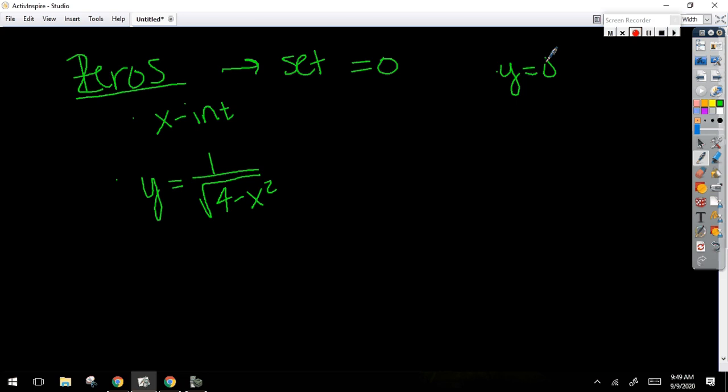So if that y is 0, it's 0 equals 1 over something. It's not going to work. 1's never going to be 0. So the fraction's never going to equal 0 no matter what I plug in, right? I can make the bottom be 0, but by making the bottom 0, I've made the function undefined, and there are asymptotes.